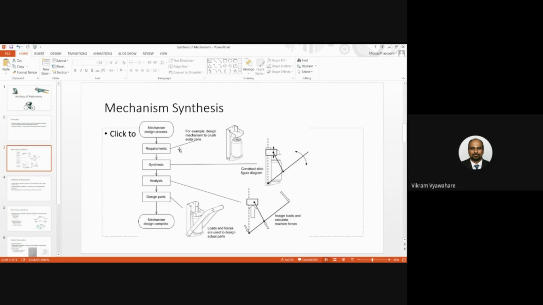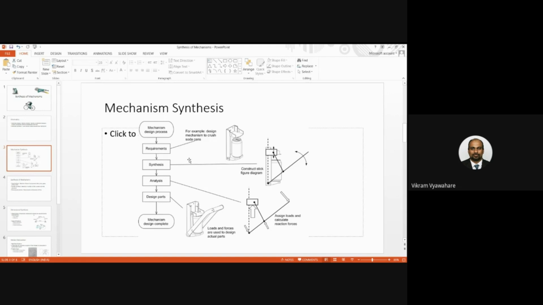You will have to first get the requirements. What is the height? What are the other dimensions? What is the motion needed? And where will the force be applied? All those things you will have to gather first.